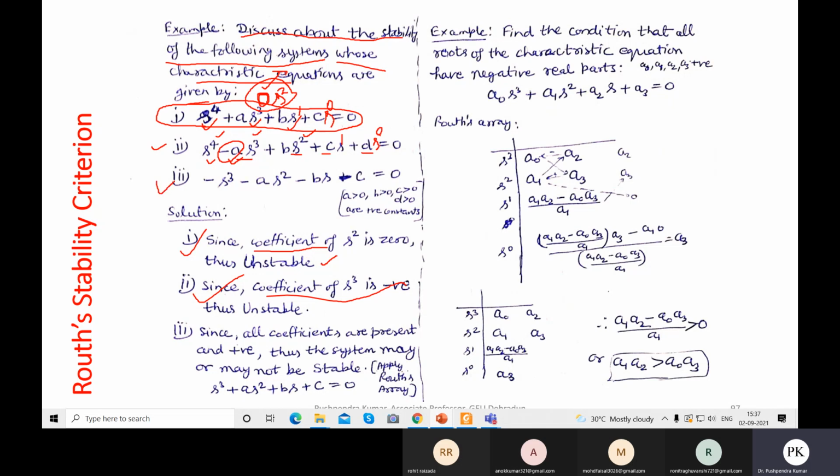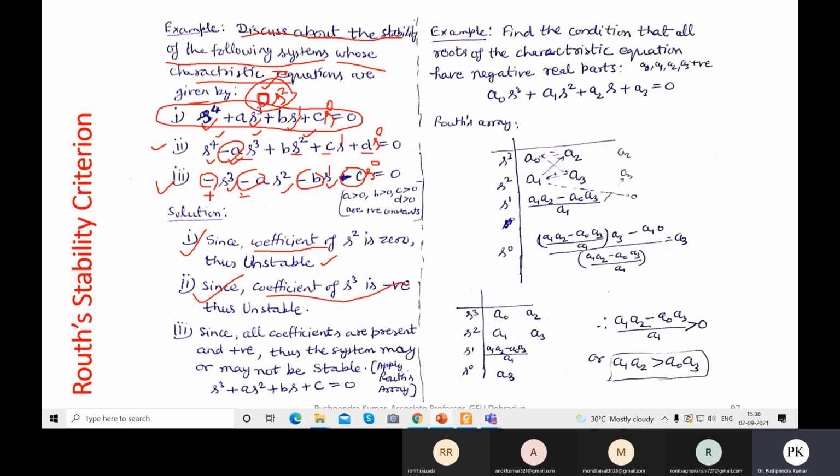Third case: all powers of s are present, s^3, s^2, s^1, and s^0. All are present, but the coefficients -1, -a, -b, -c are negative. So should the system be unstable? No, it may or may not be unstable, because I can make this equation positive by multiplying the whole equation by -1.